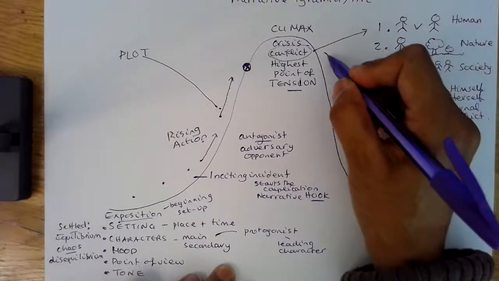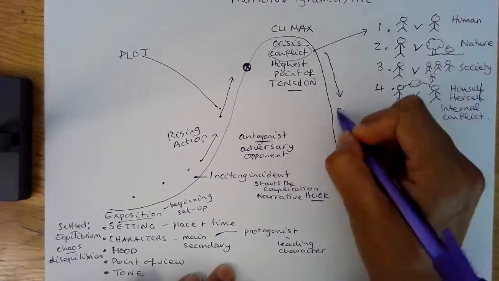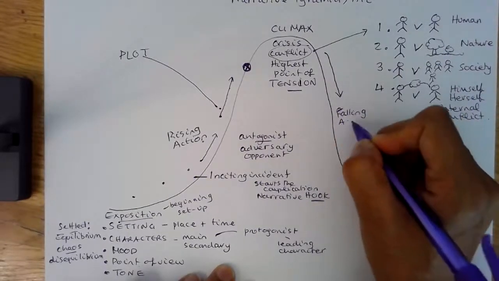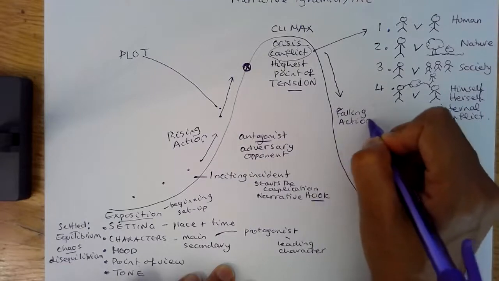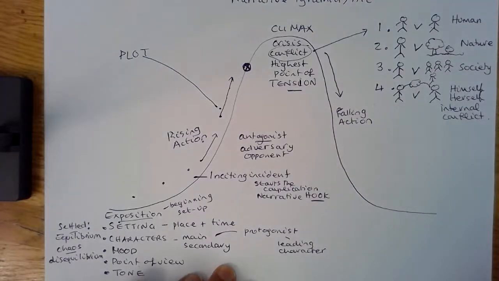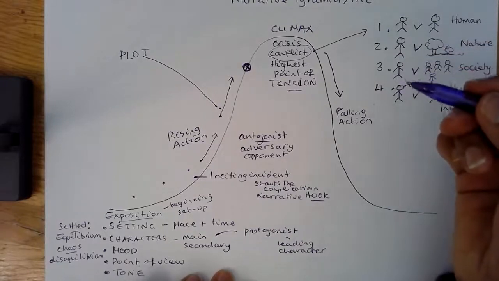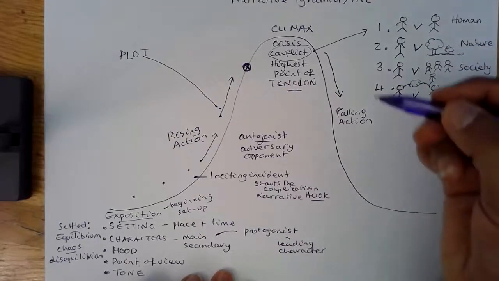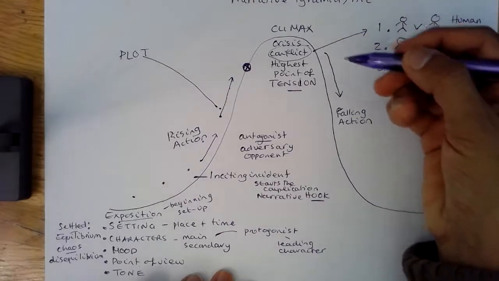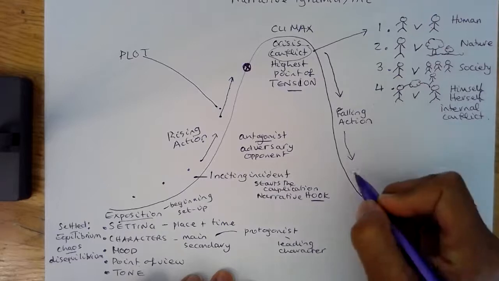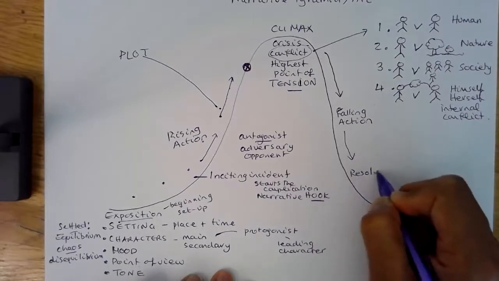Next, we have the falling action. Events take place as a result of the climax, and we know that the story will end soon. The conflict will show us some resulting events which lead us to the resolution.